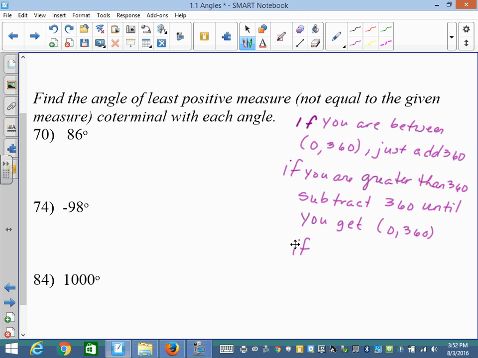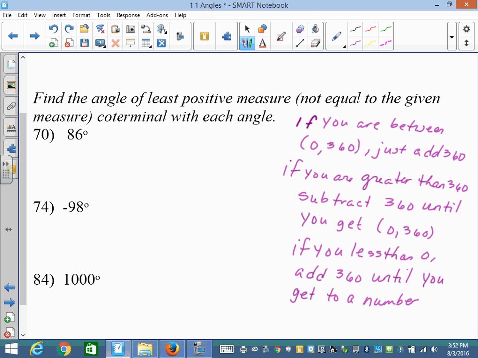If you are less than 0, add 360 until you get to a number between 0 and 360.